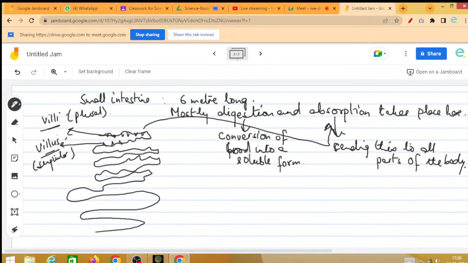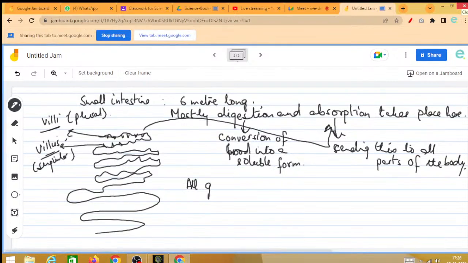Okay, so all gastric juices we'll write down are mixed with the food here in the small intestines. And we are talking about which juices?